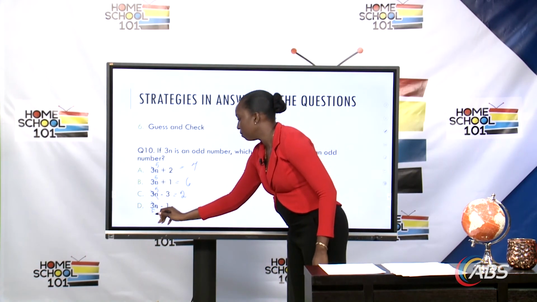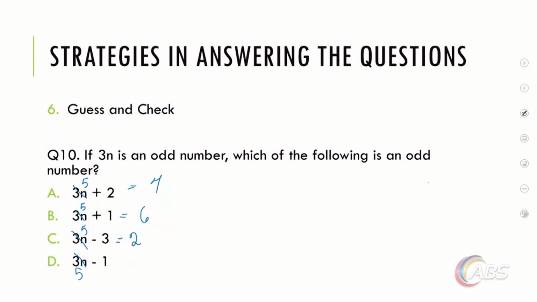And 5 minus 1 is equal to 4. And based on the question, they wanted to know which of these options was also odd, and the only odd number there is A, which we got 7, and that's 3n plus 2.